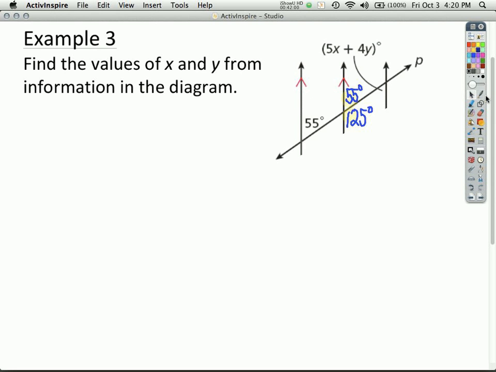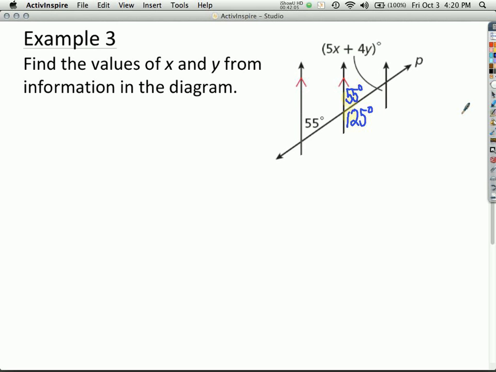So what equation could we set up with what we have in the picture? Just got one idea. You don't see it yet? Look at the theorems that you have. Look at your cheat sheet. Go ahead, Kamoy. Exactly. 5x plus 4y is equal to 55 because of what?